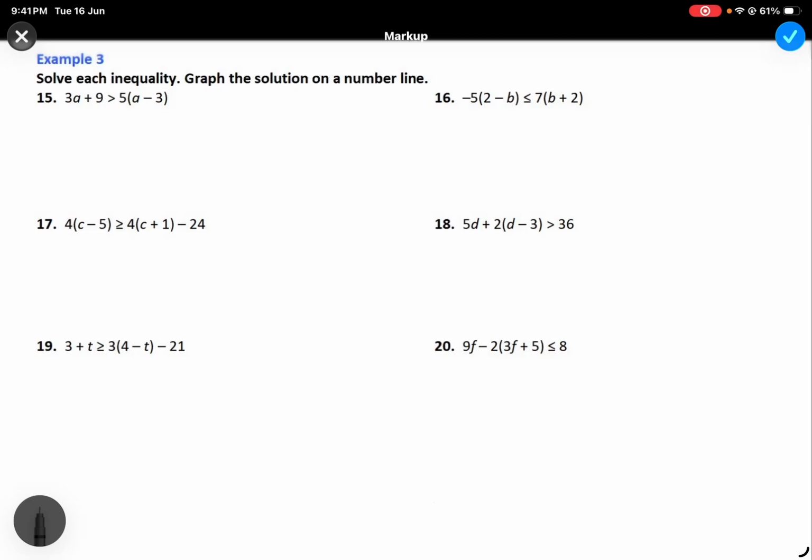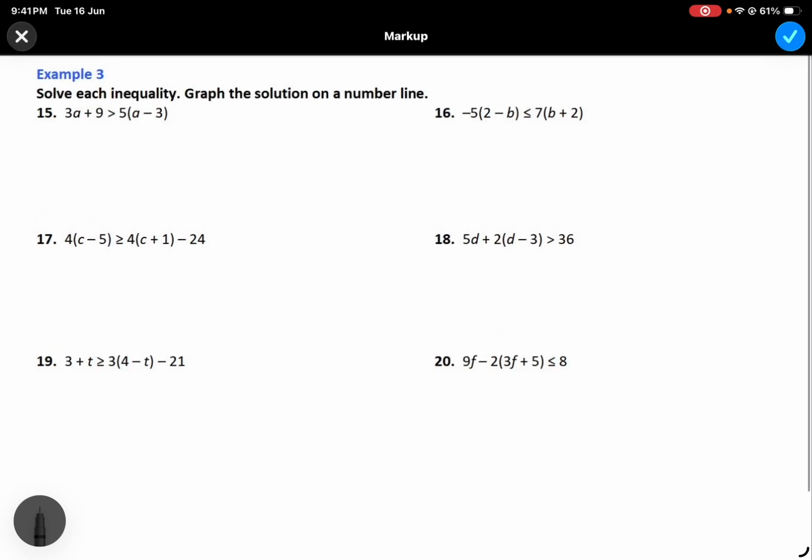Okay. For extra practice, I'm going to solve all of these. Inshallah, we'll get good at them by the end. So let's start with 15. It says 3a plus 9 is greater than 5(a minus 3). We distribute the 5: we multiply 5 by a, and we get 5a, and 5 multiplied by negative 3 is negative 15.